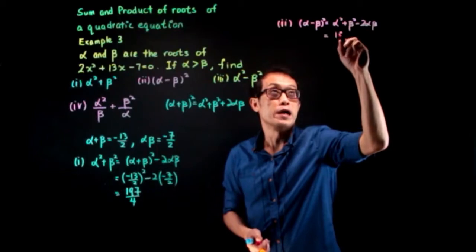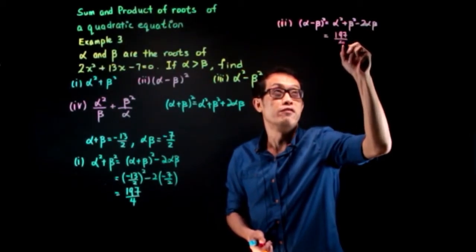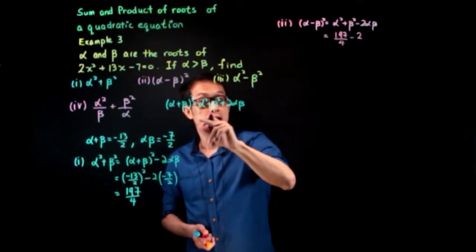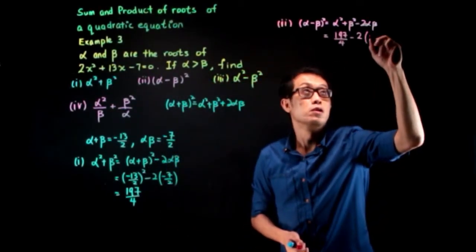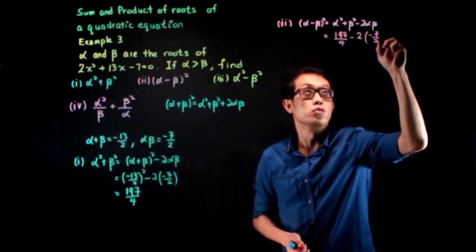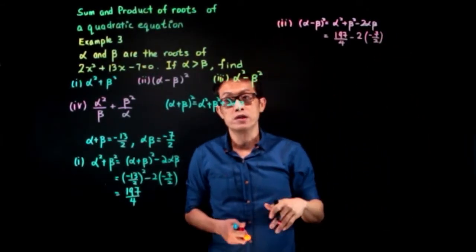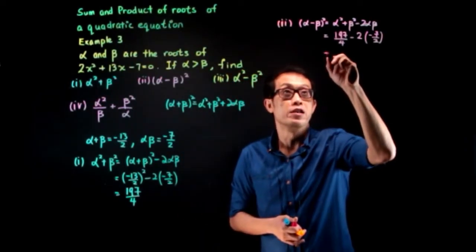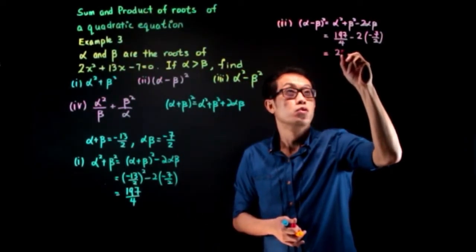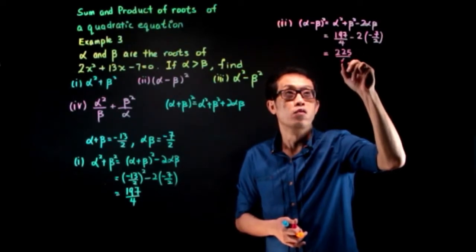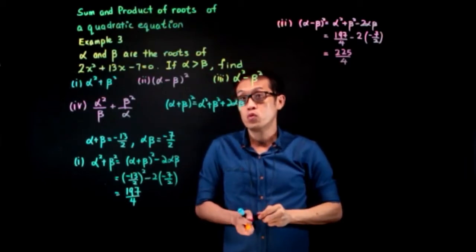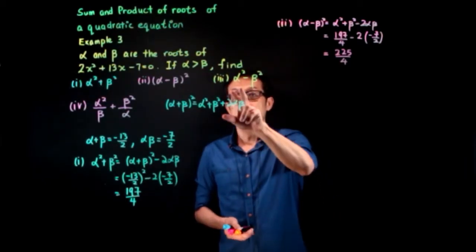So this will be 197 over 4 minus 2 times alpha beta, which is minus 7 over 2. All you have to do is punch into the calculator and you will get the value of 225 over 4. We have completed part 2. Now let's look at part 3.